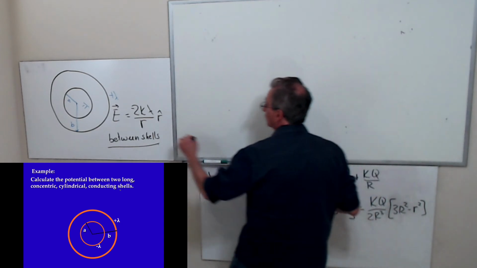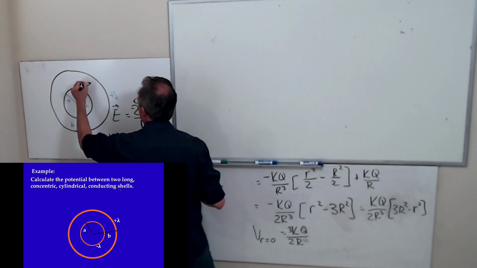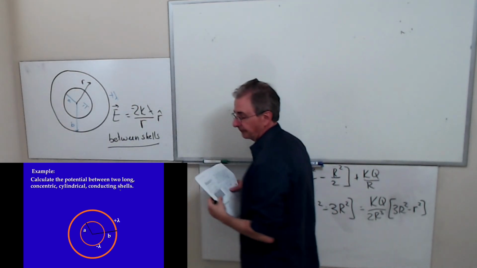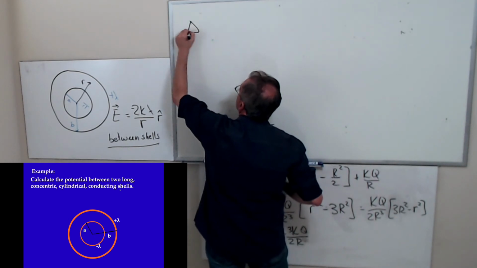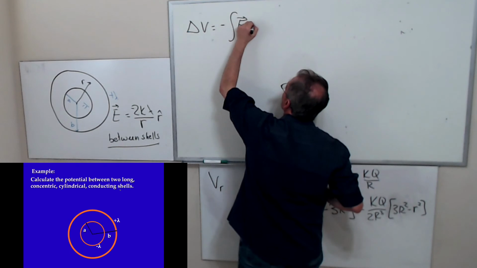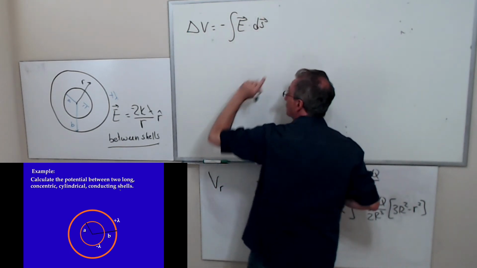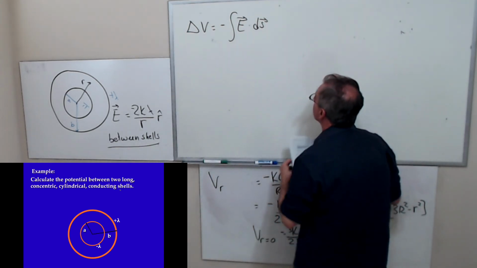So I want to calculate the electric potential in between these two, at some point in between, like let's say R. So I want to use delta V is minus the integral of E dot ds. And I can only do it this way because this thing is infinitely long.